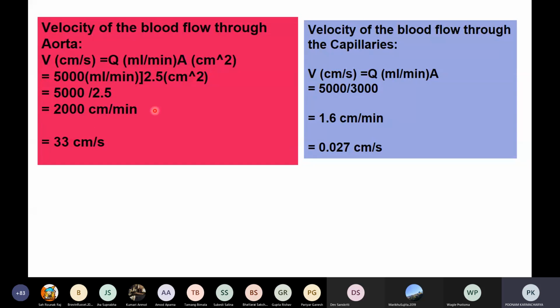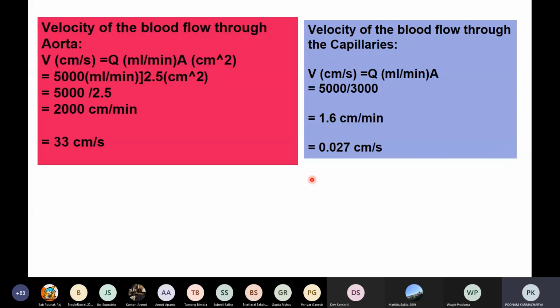So velocity of blood flow is again Q by A. So Q is 5000 and the cross-sectional area in the capillaries is from 2500 to 3000 centimeters square. So we have put here 3000 and it will come around 1.6 centimeter per minute or 0.027 centimeter per second. So you can see the cross-sectional area can influence the velocity of the blood flow.